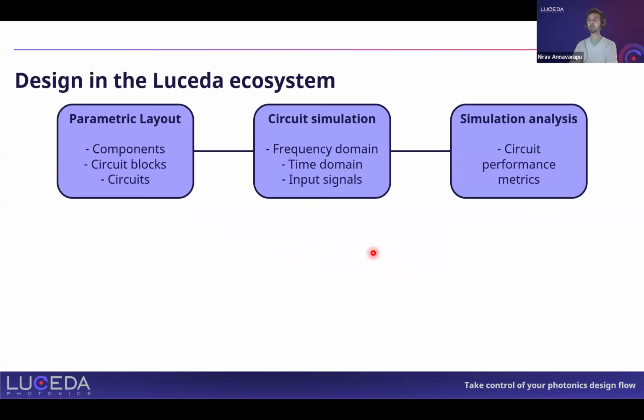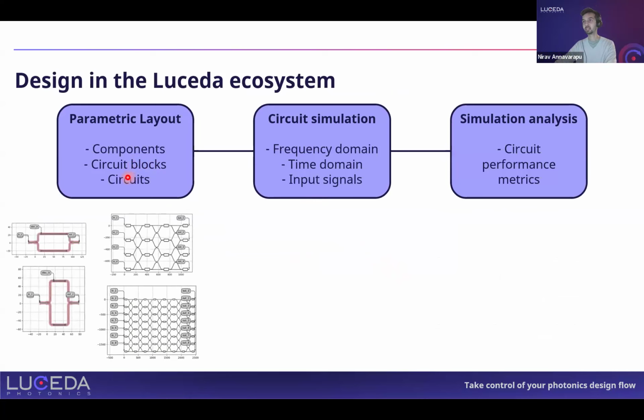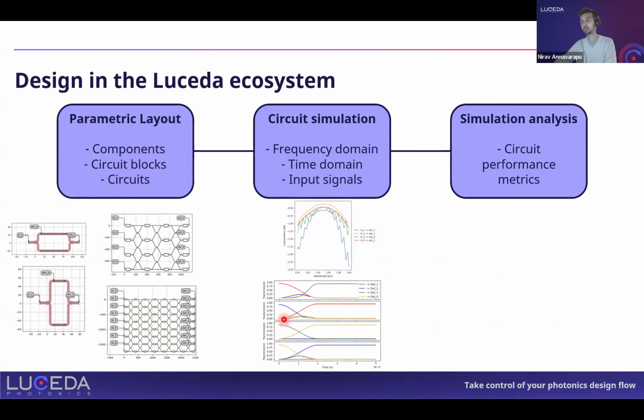From a bird's eye view of our platform, a user is given three axes of control. So there's layout, where you have control over components, connections, and placement, which is all defined in Python code. You can make a parametric circuit to freely change the circuit as you please, either the 2x2 switching block or the wider switching network. Any changes that you make to your layout would be reflected in the simulation, and it's possible to do both frequency domain and time domain simulations in IPKISS.